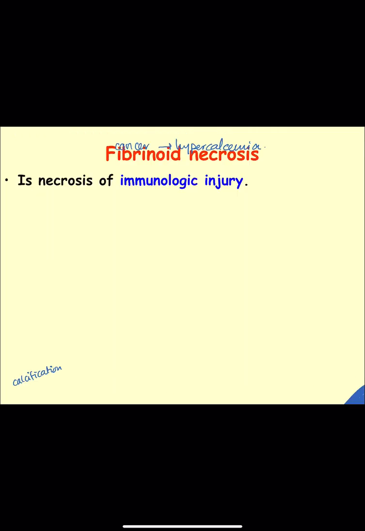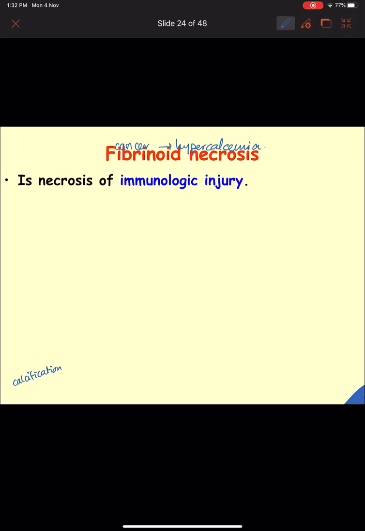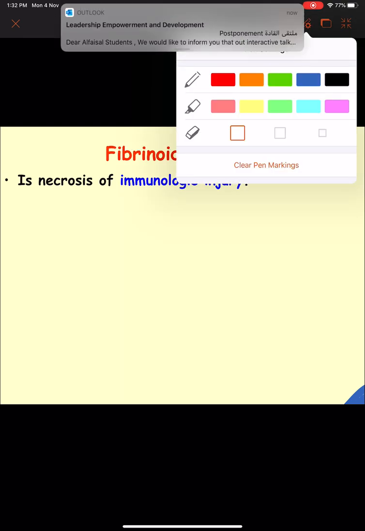All right, so now what's fibrinoid necrosis? When you talk fibrinoid necrosis, you're talking actually about immunologic injury, okay? Where we know the basis is an aberrant autoimmune response, right? There are many ways for that to happen.